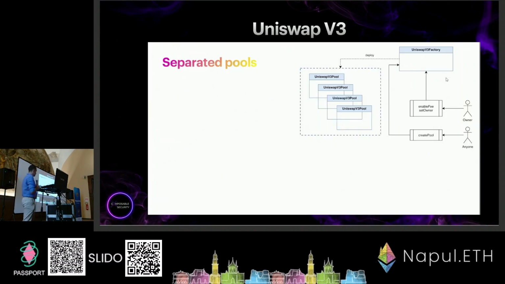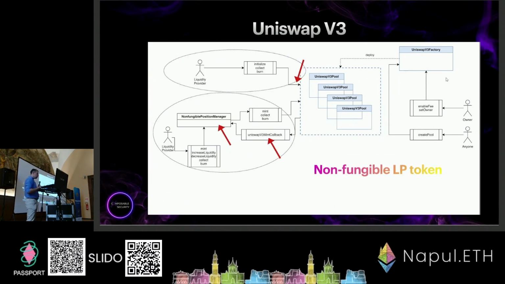So the architecture of v3 was that you had this Uniswap v3 factory, and whenever you wanted to create a new pool, you had to call it, and it deployed a new pool. So each pool was a separate contract in v3. Then when you are a liquidity provider, you have to use this helper contract, which is called non-fungible position manager.